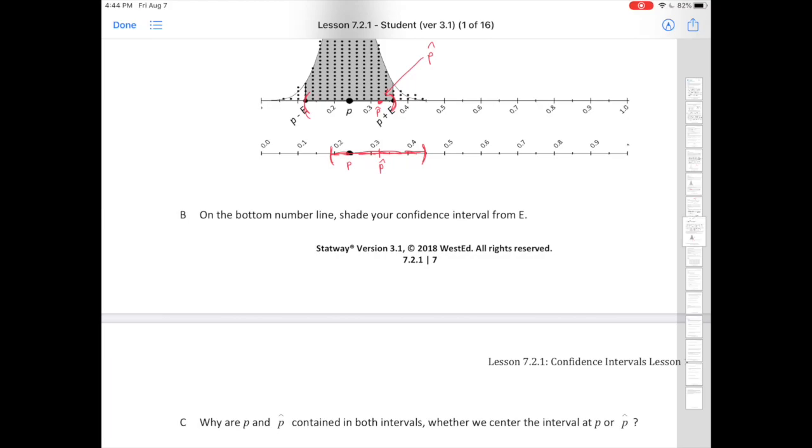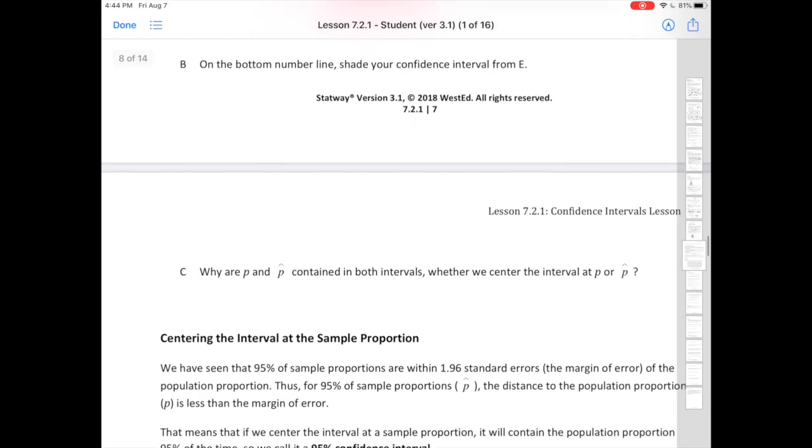And you notice that in either case, both intervals that we use contain the real answer P and also P hat. Another way to put this is if P hat is within the standard error of P, then that also means that P is going to be within the standard errors of P hat, right? In other words, if you are within 2 miles of your friend, that also means your friend is within 2 miles of you, right? Okay.